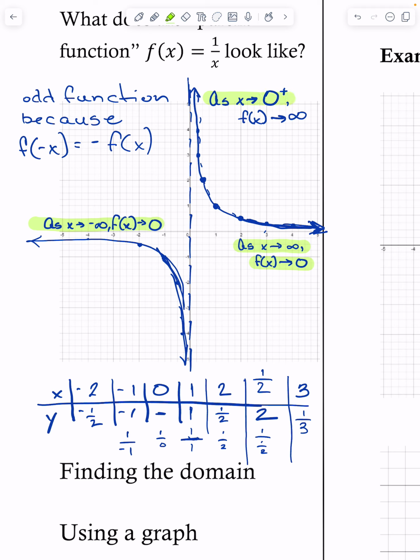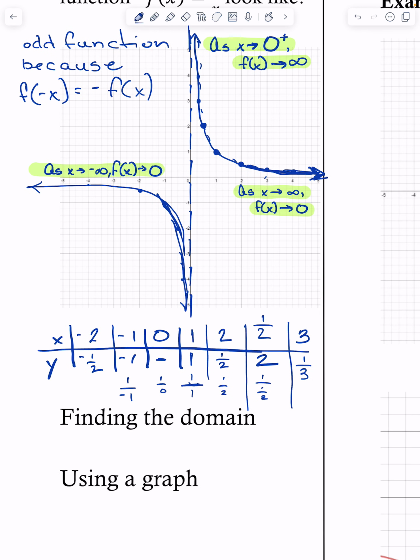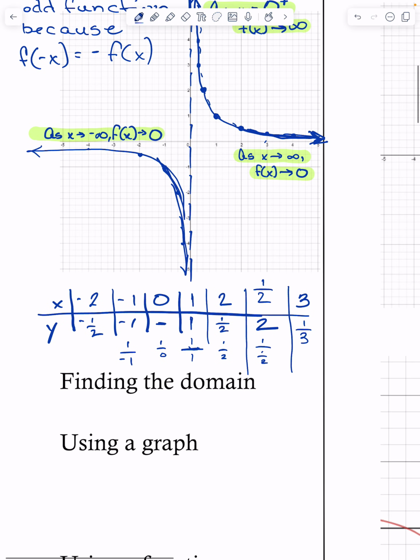That superscript, that plus, just means I'm approaching 0 from that right-hand side, from the, we could say, positive side. But when we move that asymptote, it could be positive on both sides, it could be negative. The last part we're going to look at down here is as x approaches 0 from the left side, from the negative side, we got f of x approaching negative infinity.